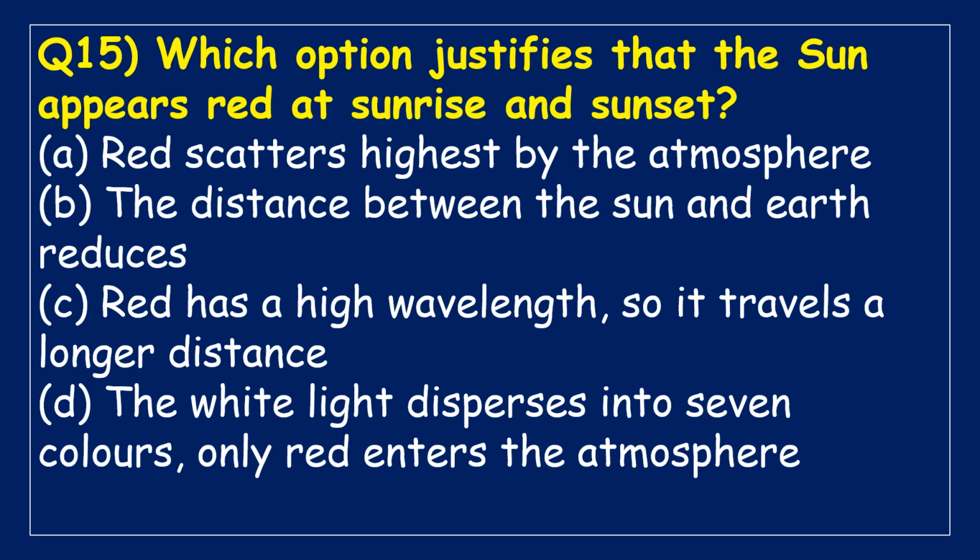Option D, the white light disperses into 7 colors and only red enters the atmosphere. Your option is option C, red has a high wavelength, so it travels a longer distance. That's why we can see a red sun at sunrise and sunset.